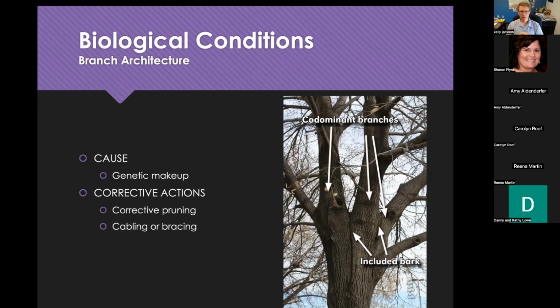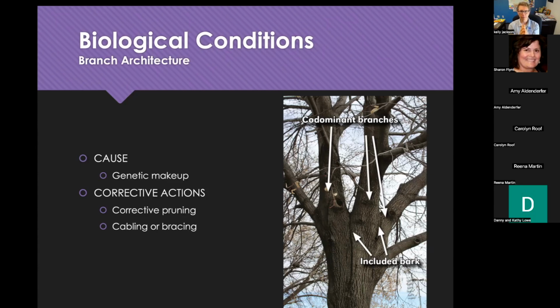Here we have a lot of branches, and we call those codominant branches. I'll just say maple, because they're the most guilty of this, I think. You'll have the main trunk that comes up, and then there'll be two little buds at the top. Instead of one of those buds growing up and one being a side branch, it forks, and then it continues to grow up into two forks.